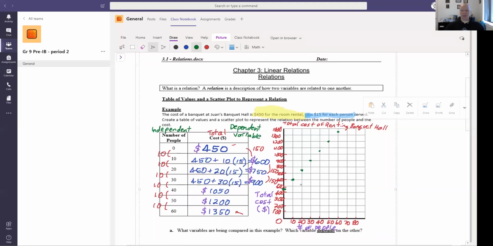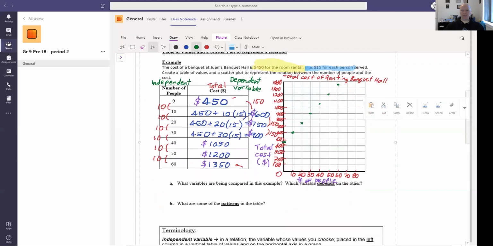But we have a couple questions maybe to discuss here. So what variables are being compared in this example, and which variable depends on the other? So we have already discussed that. And so the two variables are total cost, I added in that word total before. The total cost, and I'll answer both of these questions at the same time.